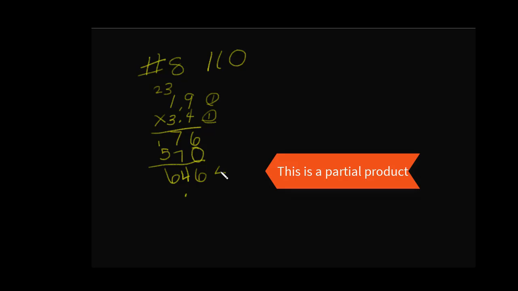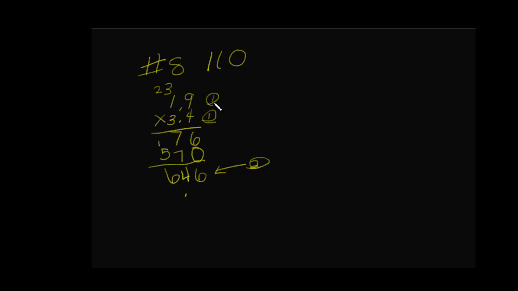So in my product here, how many places do I want to go over? I want to go over 2 places because 1 plus 1 is 2. So our decimal point is here, 1, 2. So when I continue with this problem, I have a decimal point right here.